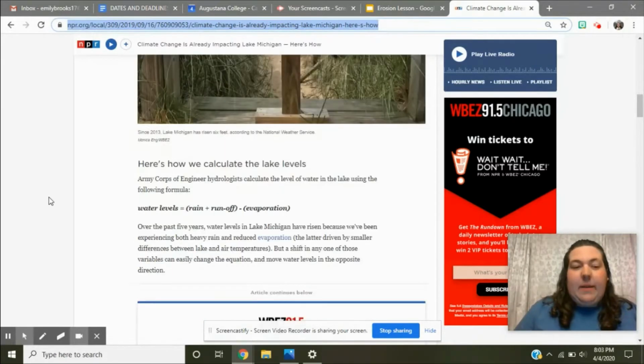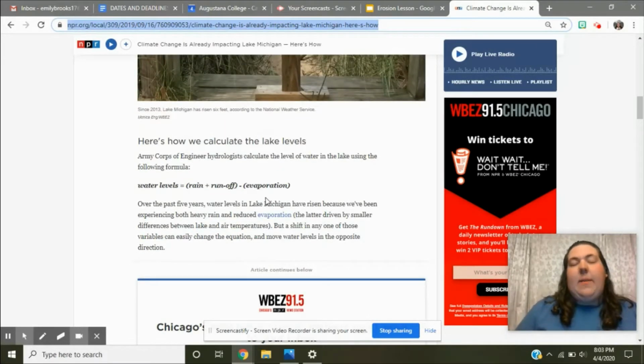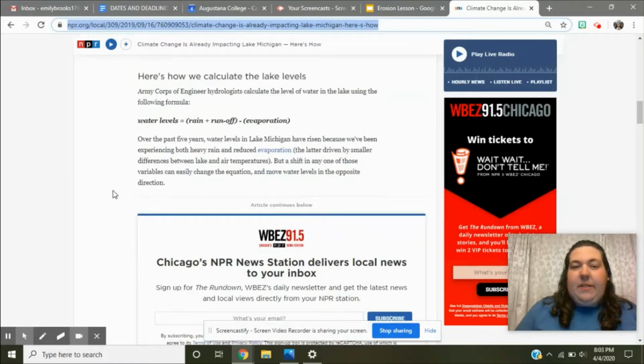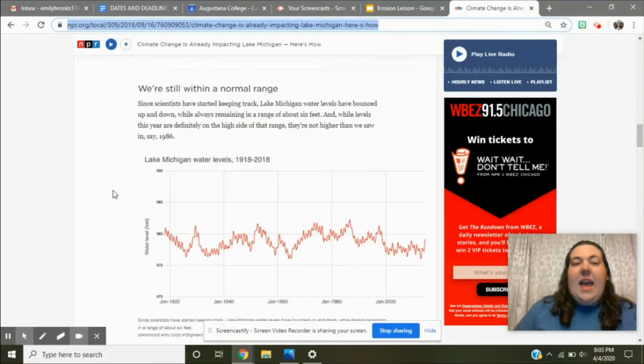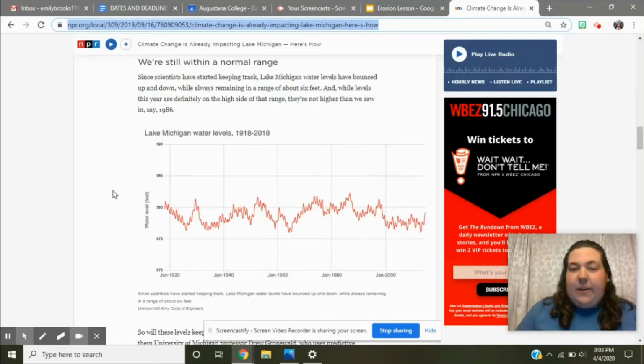If you remember, the article talked about how they calculated lake levels, and that was with rain, runoff, and then minus evaporation. That's what they used to measure things in this article. And this was a really interesting graph that I wanted to talk about for a minute. It shows the Lake Michigan water levels from 1918 through 2018, which is a really long time, 100 years.